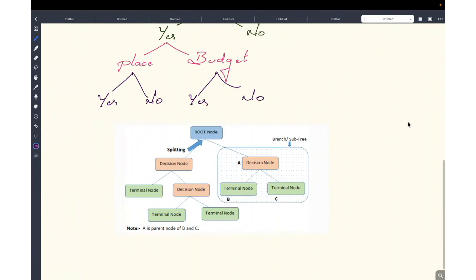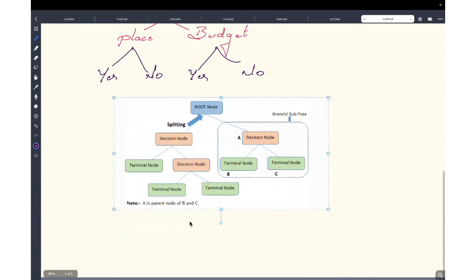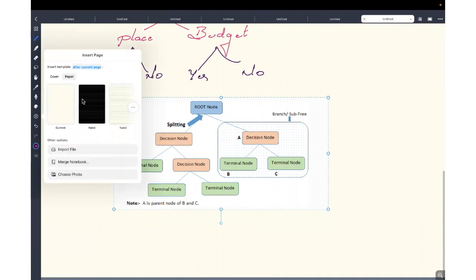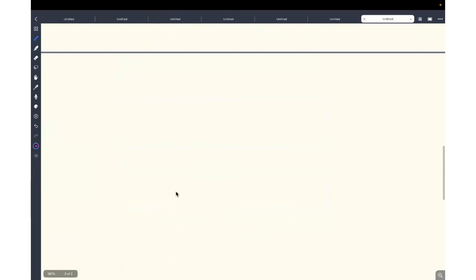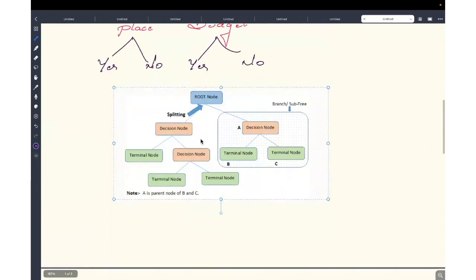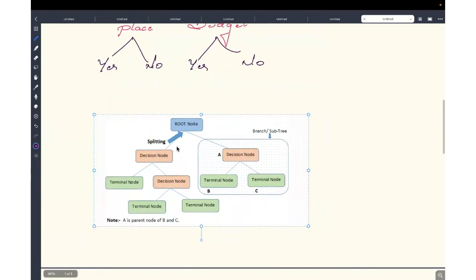So basically, you know how a tree or a plant looks. Usually, it starts from a root, right? So here, since we are constructing a decision tree, in order to construct a tree, we have a concept called root node. You know what is root node? Any idea? So a tree structure always starts with a root, and then it gets split into a decision node.